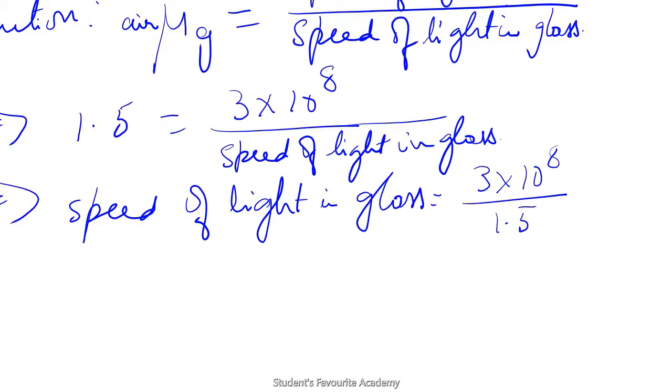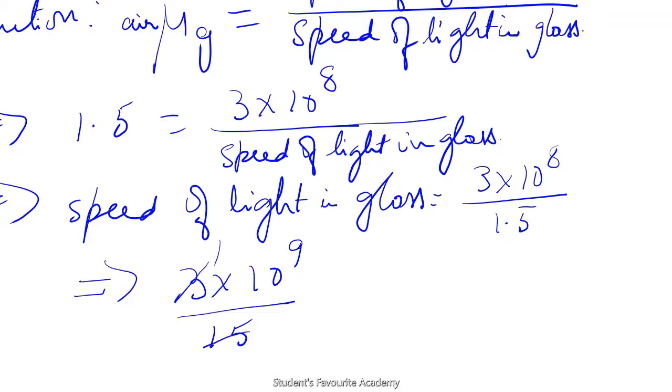Okay, so this implies 3 into 10 to the power of 9 upon 15. We have multiplied by 10 to remove the decimal. So 3 fives are 15, so this can be written as 10 into 10 to the power of 8 upon 5.